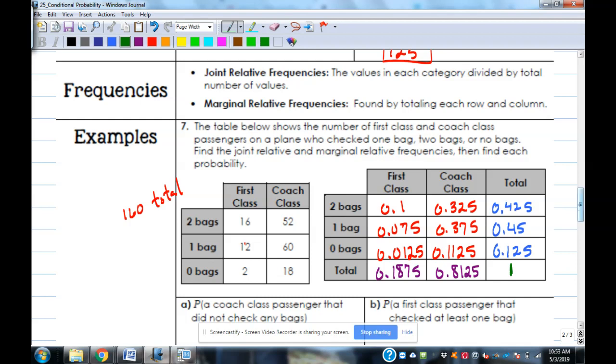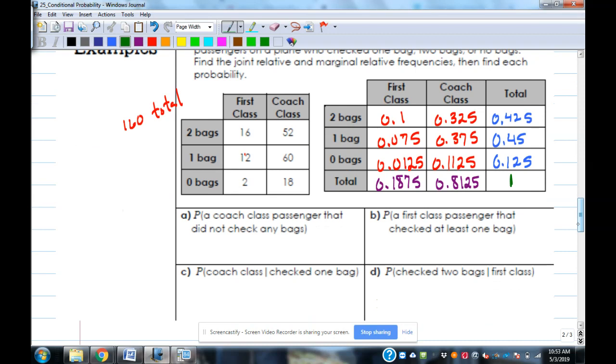All right, so let's try to use this to help us in finding that probability. The probability of picking a coach class passenger that did not check any bags. Is that directly in our chart, or is it something we'll have to put together?